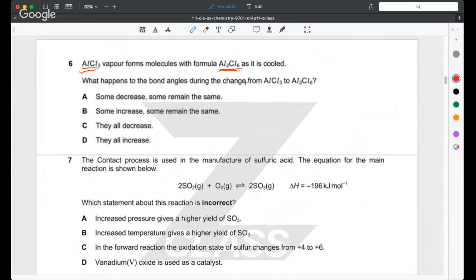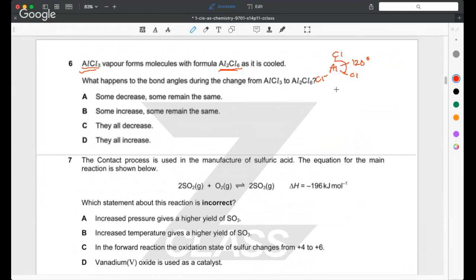And really, you've got to know at this point that if you drew the monomer, well, what shape is that? That's trigonal planar, isn't it? It's 1 aluminium as the central atom surrounded by 3 chlorine atoms. And so the bond angle there for trigonal planar is going to be 120 degrees.